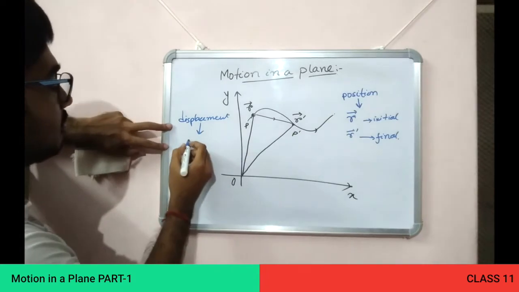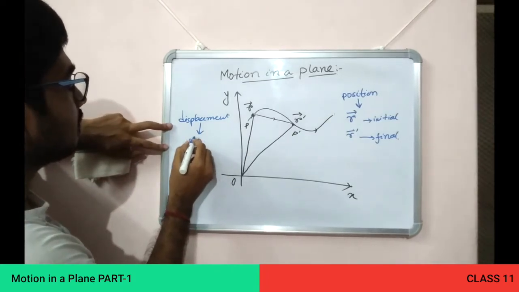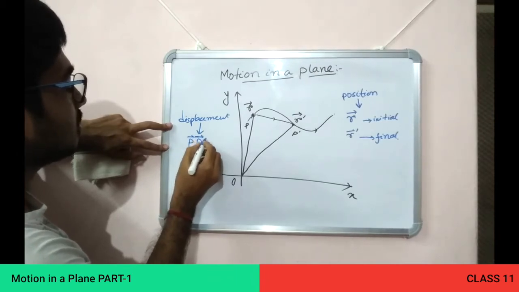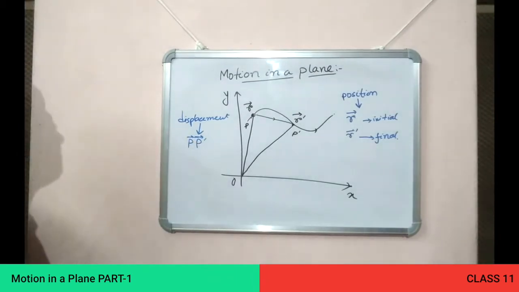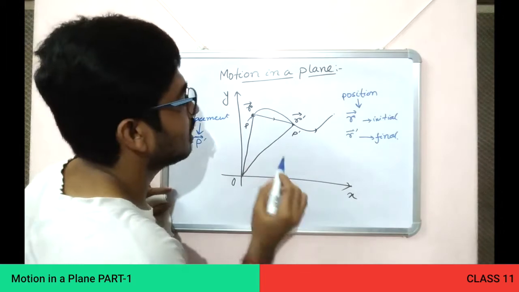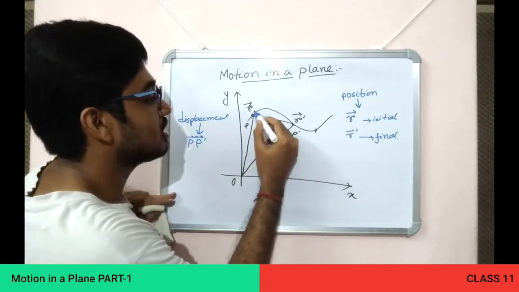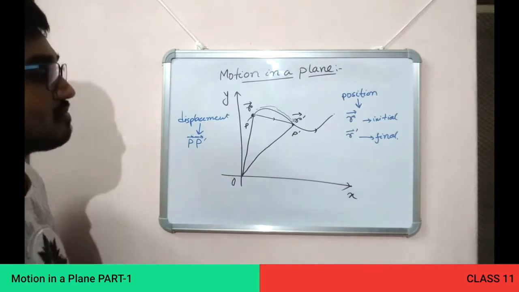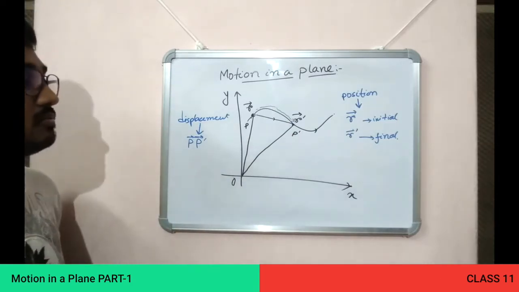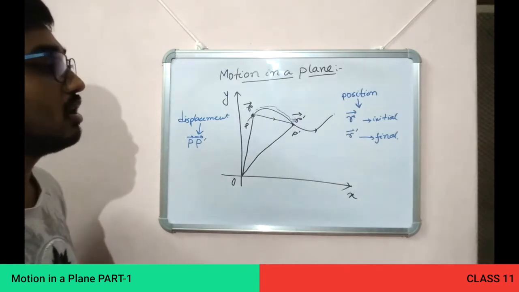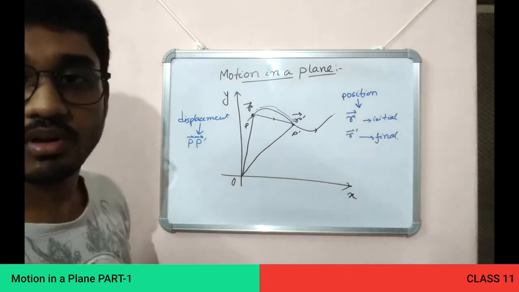P to P prime. This is the displacement vector. That is, its displacement is from P to P prime, and its distance covered is in this way. So this concept should be clear before going deep into this chapter.